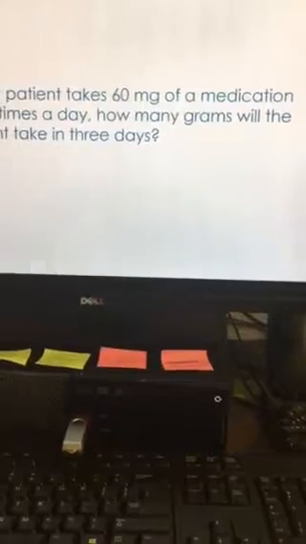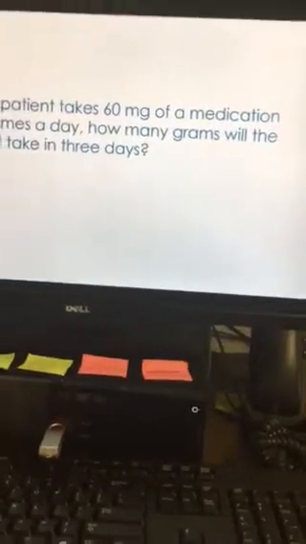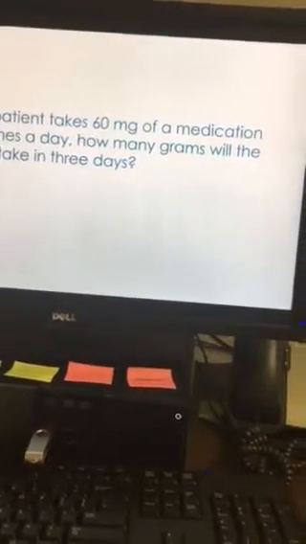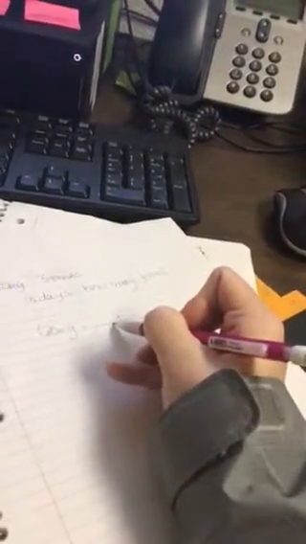You have to figure out what you want to convert first. I would go ahead and convert the milligrams to grams. So I wrote 60 milligrams, 3 times a day, 3 days. How many grams will this be? So I'm going to do 60 milligrams, and I want to convert this to grams. So I'm going milligrams to grams.